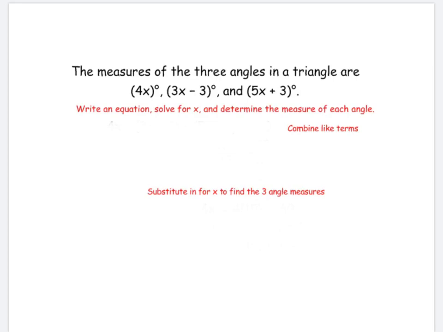The 8th grade version of that involves variables and an equation. It says the measures of three angles in a triangle are 4x degrees, 3x minus 3 degrees, and 5x plus 3 degrees. The first step says write and solve an equation for x to determine the measure of each angle. So I would have all three angles of a triangle, and what we know is that they add together to make 180 degrees.